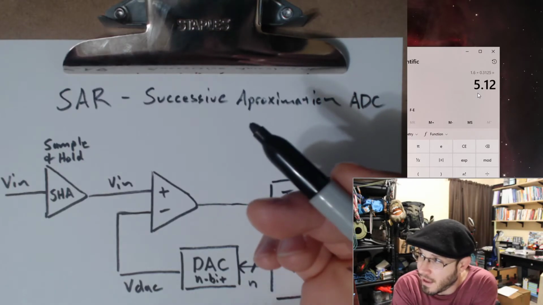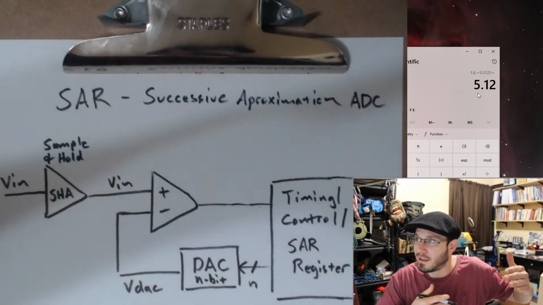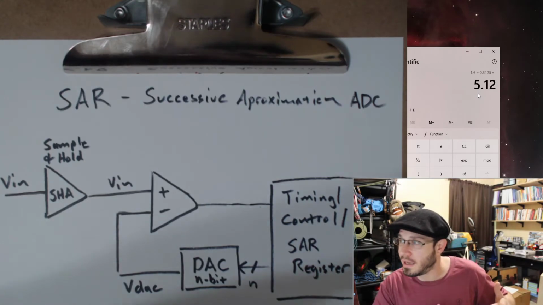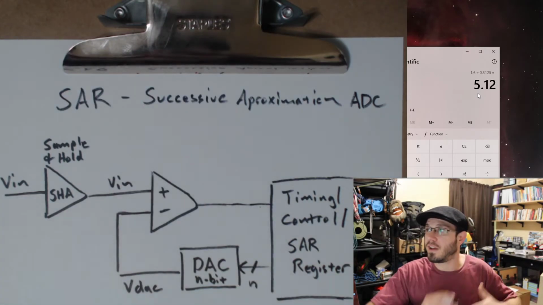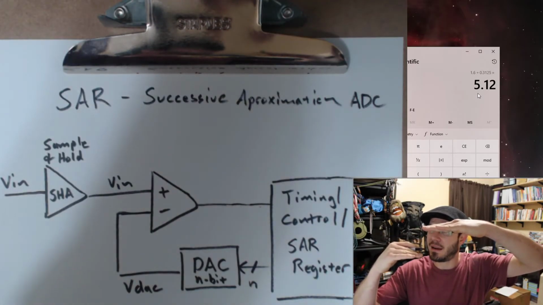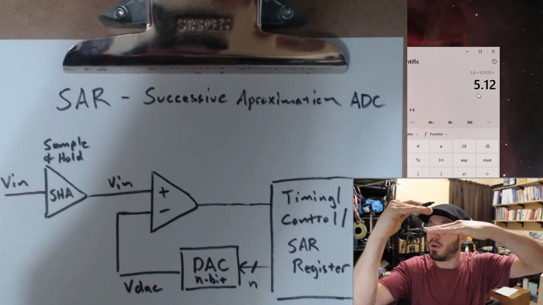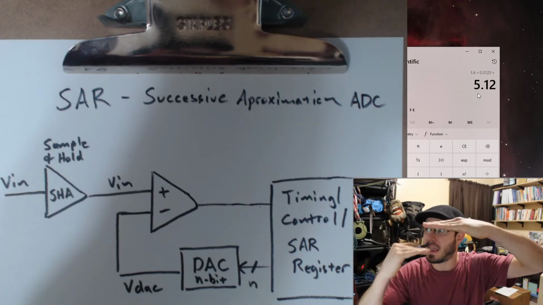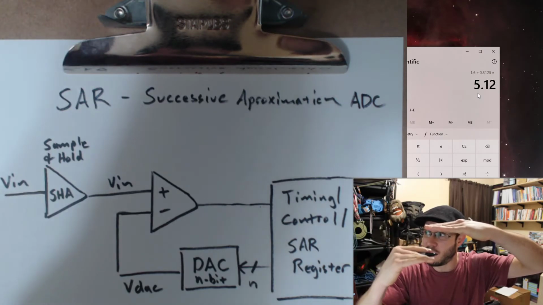You can kind of think about this as like a binomial approximation. So we're going to be trying to find which is the closest value. If we're at 1.6 volts, we're going to go ahead and go at the halfway point. Is it above or below? Okay, it's below, so we're going to go ahead and go halfway in the other direction.